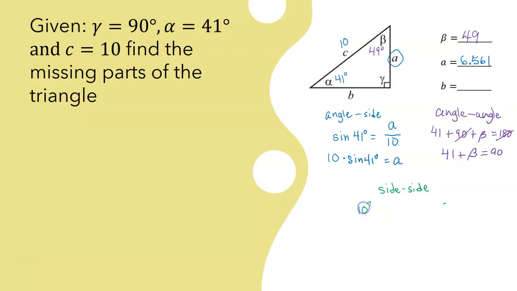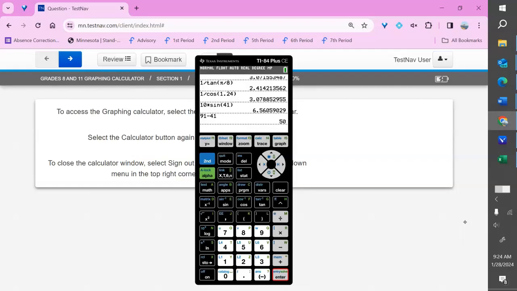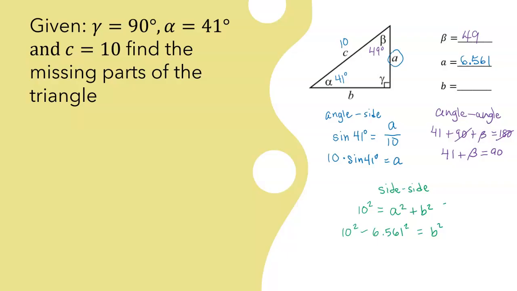I know 10 squared is equal to a squared plus b squared, and I know that a is 6.561, so I'm looking for 10 squared minus 6.561 squared, and that's going to give me b squared. And then I'll take the square root of that. And I get 7.547.